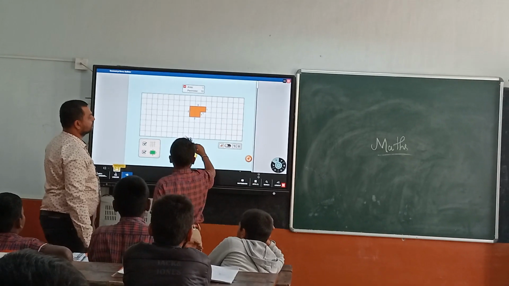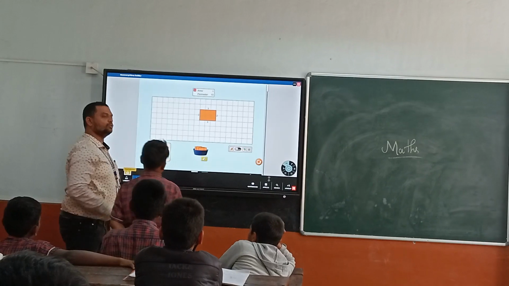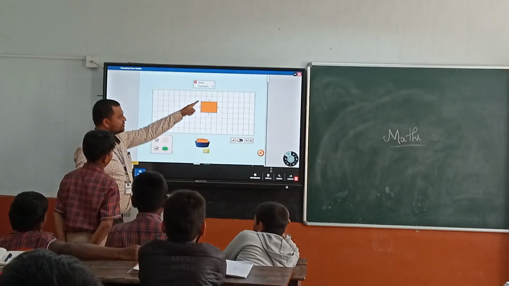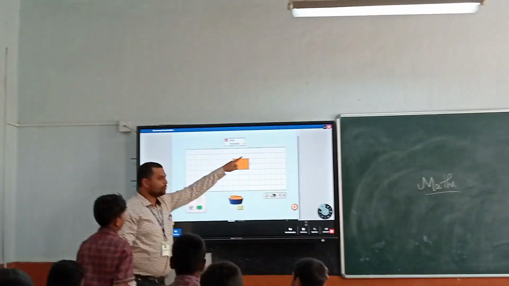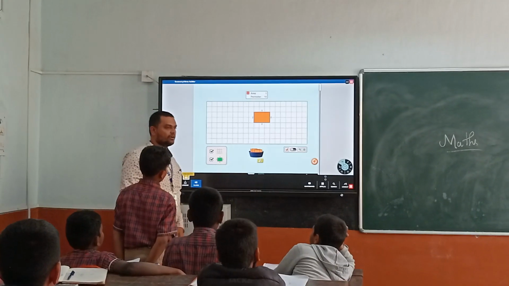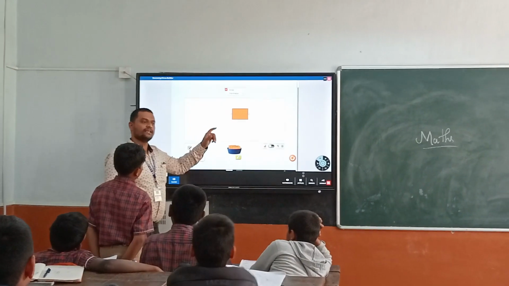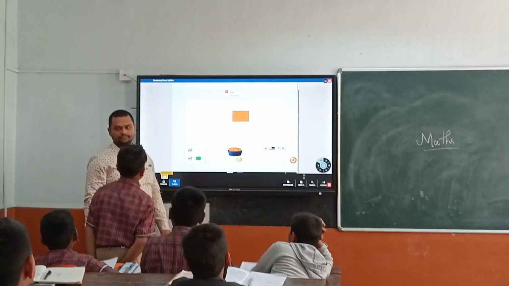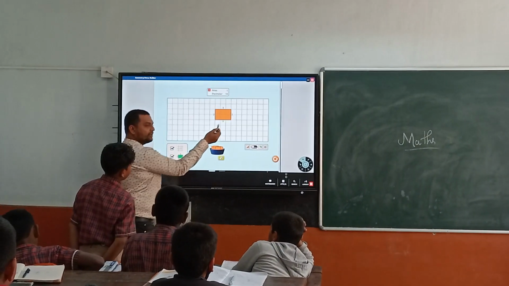One more. Okay, very good. 3 rows and 2 columns. 3 rows means 3 is the length of the rectangle and 2 is the breadth of the rectangle. By the measurements only we can identify the shape. It is a rectangular shape. If both the length and breadth are the same, then it becomes a square. So what is the area now? 2 3s are 6.